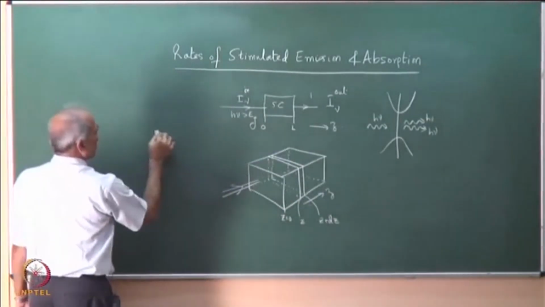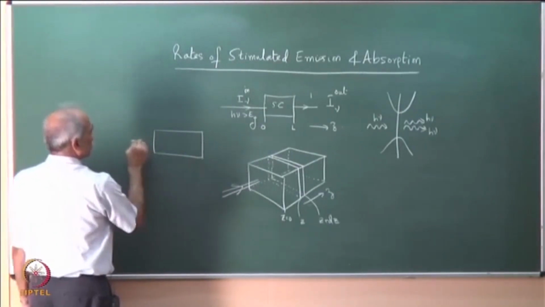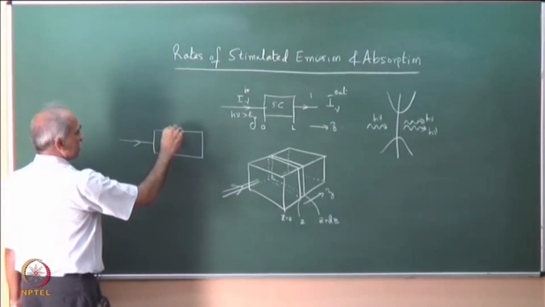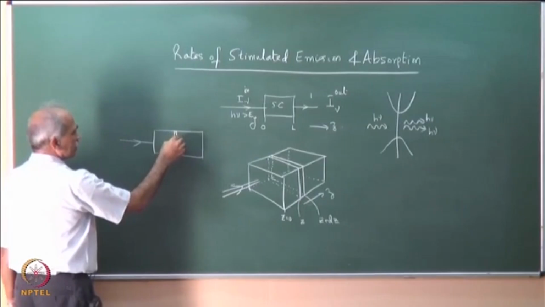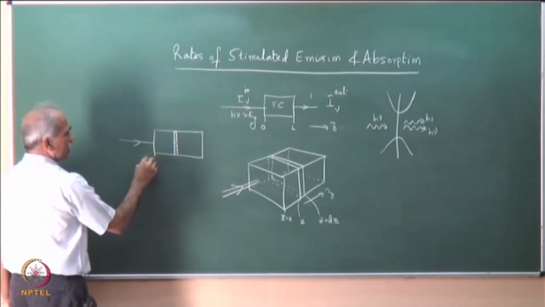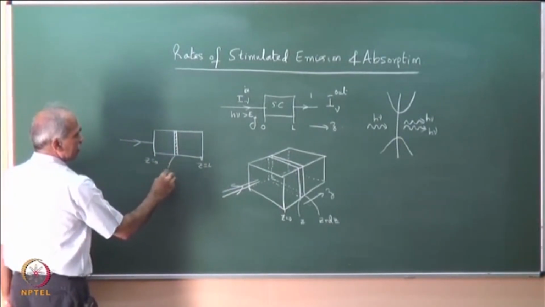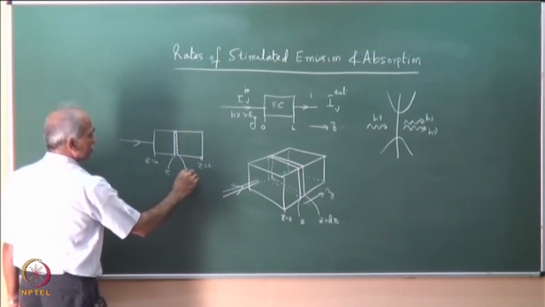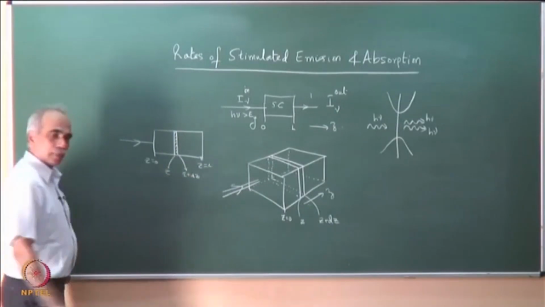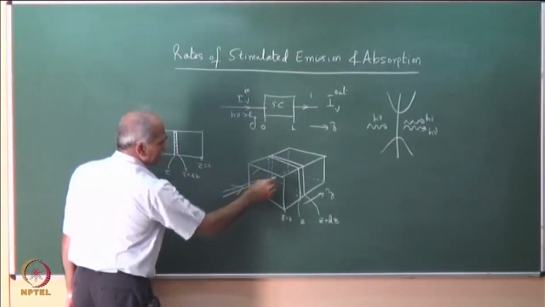In the 2D picture, radiation is entering from here. I have considered a small slice here. This is z equal to 0 and this end is z equal to L, and we have considered z at some position z and z plus dz.